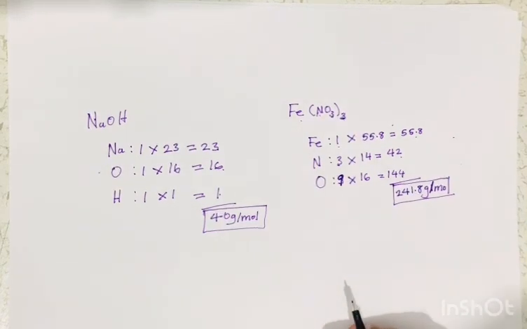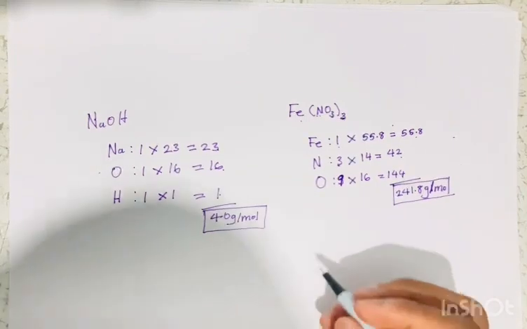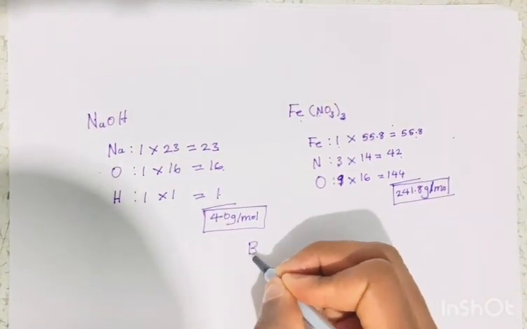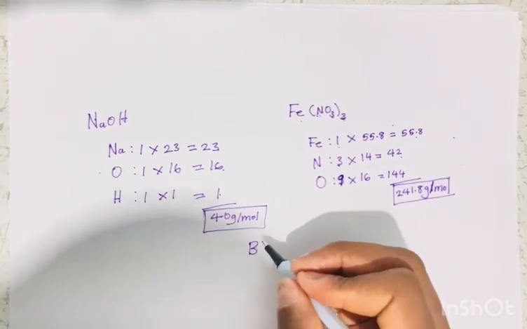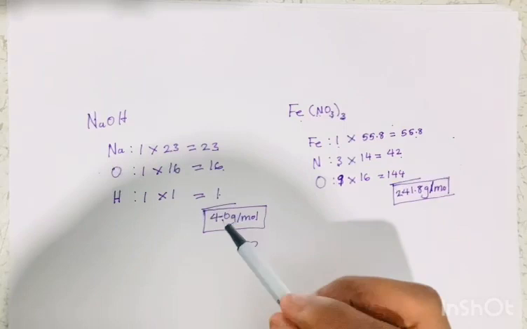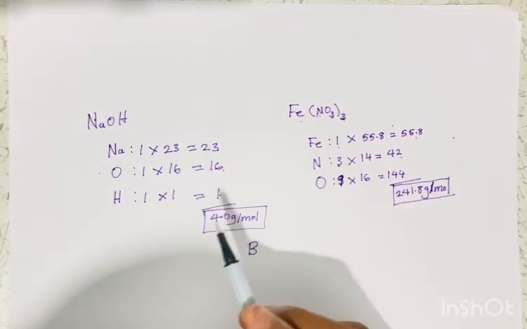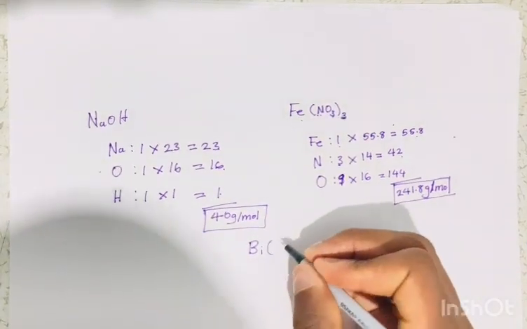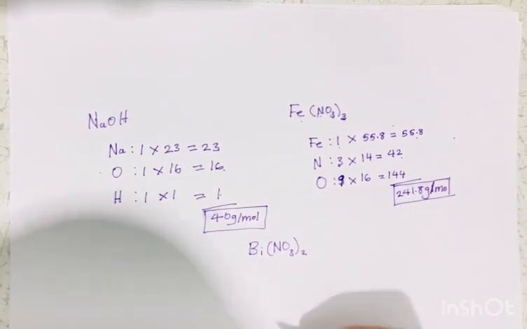So let's look at another example. Suppose you are asked to find the molar mass of bismuth nitrate. Obviously, the formula of bismuth nitrate is Bi(NO3)2.